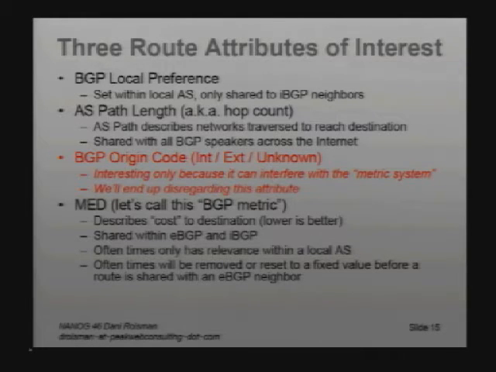Some ISPs may calculate fiber kilometers. Some ISPs may calculate number of IGP hops. Some just may import the IGP into the BGP metric. And oftentimes, your ISPs will reset it to a fixed value, typically 0, before they send you a route. Or if they're not, we're going to actually reset it in our system here to make it worthwhile for us.